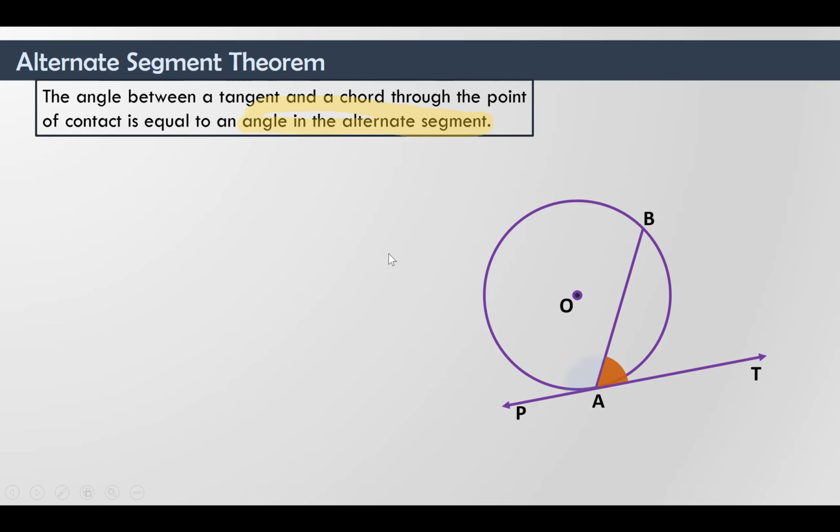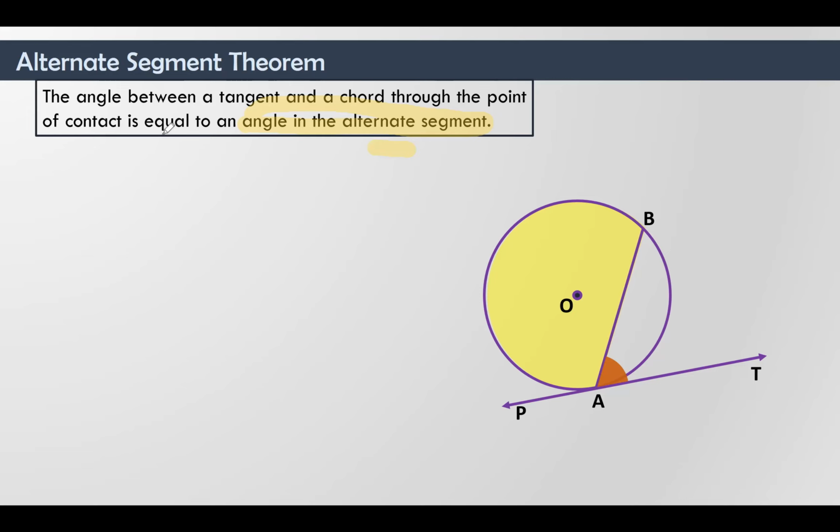Now for the angle BAT, as you can see, that angle includes the right hand side segment of the circle. So for this angle, the other part of the circle, that is the left hand side segment of the circle, is known as alternate segment for angle BAT.